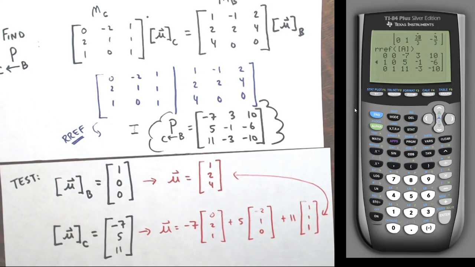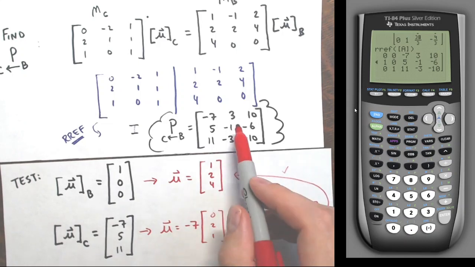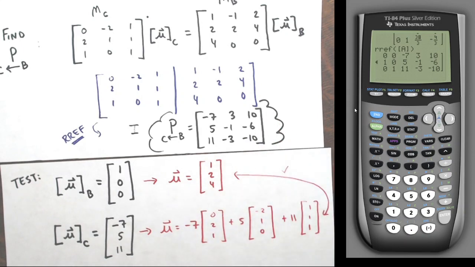I should. Well, let's see. First components, you have 0, then minus 10 plus 11, that's definitely 1. Then second components, negative 14 plus 5 is negative 9, plus 11 is 2. And the third component, negative 7 plus 0 plus 11 is 4. It works. This is a good transition matrix from coordinates in B to coordinates in C.